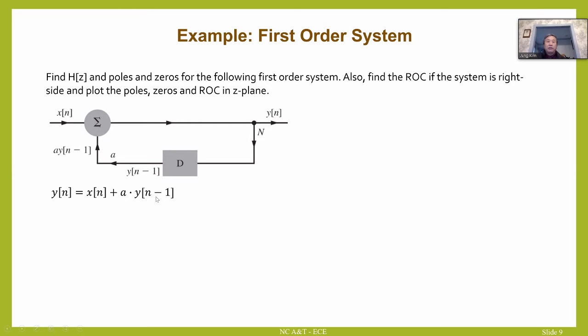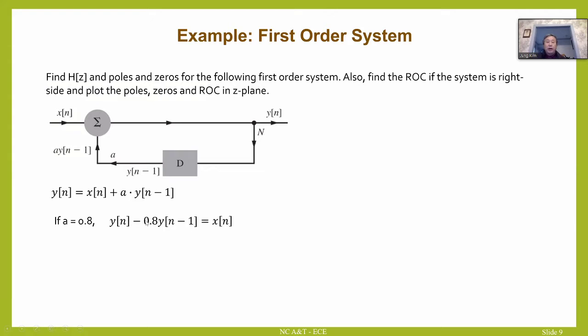This is a first-order system. Suppose A equals 0.8, for example. Then y of n minus 0.8 y of n minus 1 equals x of n.